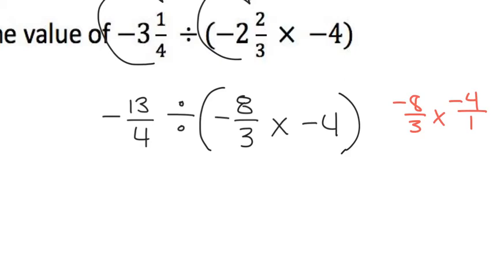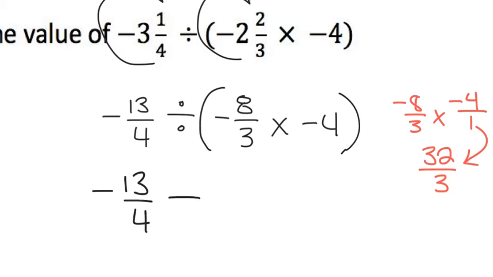And we would end up with positive 32 over 3. All right, so now I'm ready to just bring down everything. So I'm left with my negative 13 over 4 divided by whatever I got when I did my parentheses, which was 32 over 3.